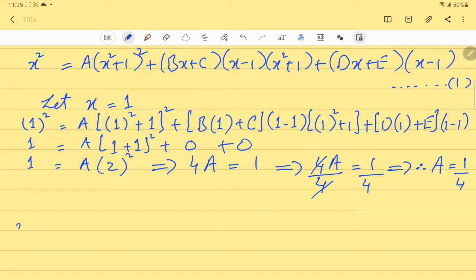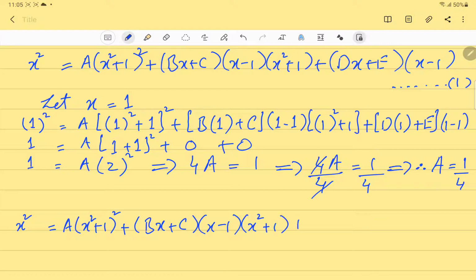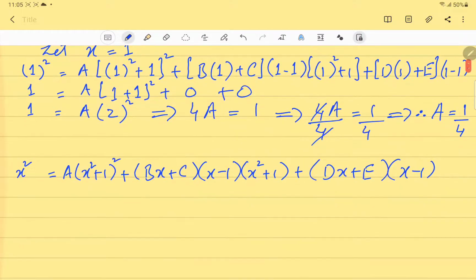Let's write it down one more time. x squared is equal to a into x squared plus 1 square plus bx plus c into x minus 1 into x squared plus 1 plus dx plus e into x minus 1.